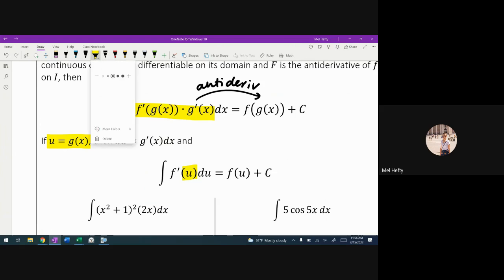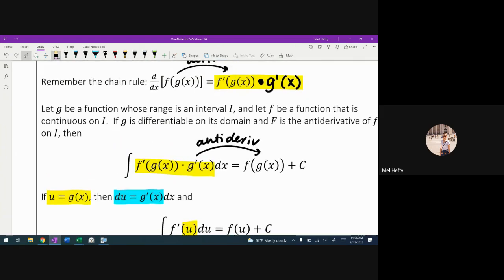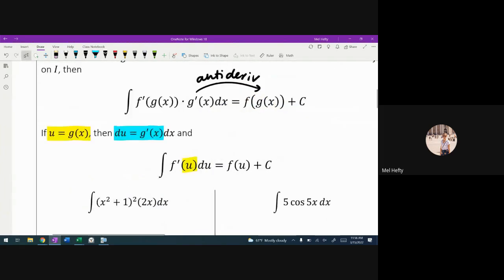We are then going to find du, which is the derivative of u. We're going to do that kind of outside of what we're doing in the rest of the problem, but we're going to substitute for that as well. After we substitute, we're going to be able to integrate and we'll get f of u plus c.